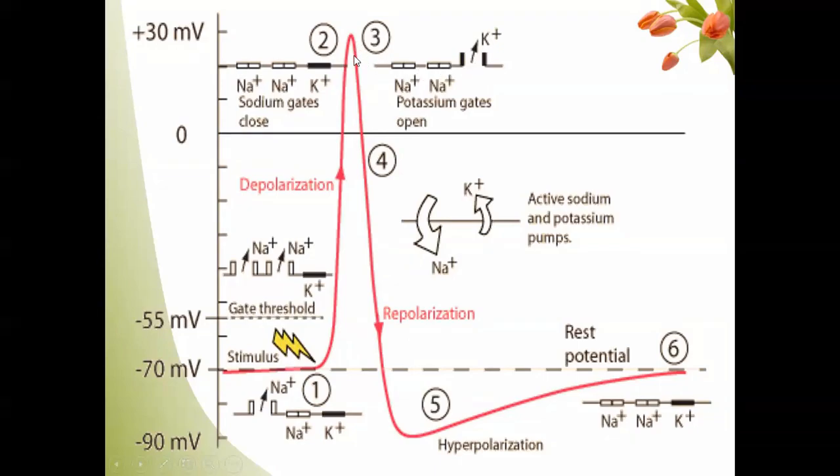That causes the repolarization, and the closing of the potassium channels will take some more time, which leads to hyperpolarization. The hyperpolarization is responsible for stopping the impulse from flowing in the backward direction.